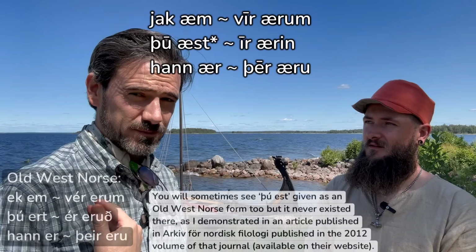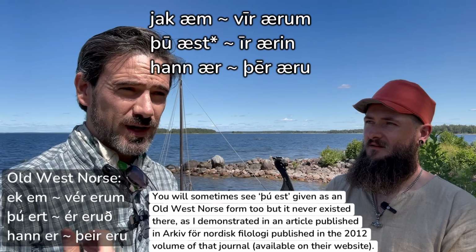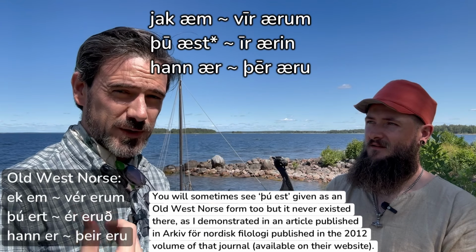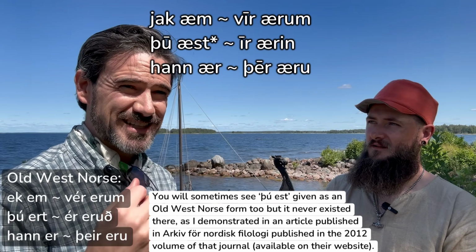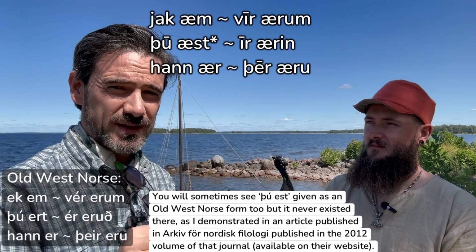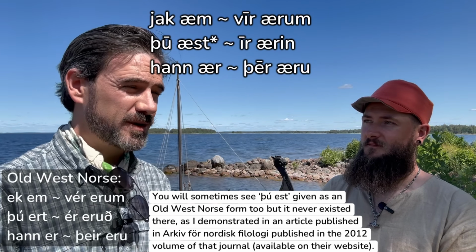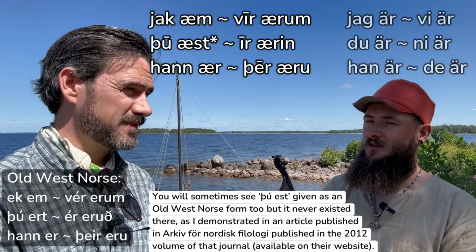and also in the verb. So in Old Norse, or I'll say Old Swedish, if I say I am, you are, he is, we are, you plural are, they are, it's jag am, du ert, han er, vi erum in Old Swedish, eruð, and þeir eru. But in modern Swedish, if I say I am, Jag är.